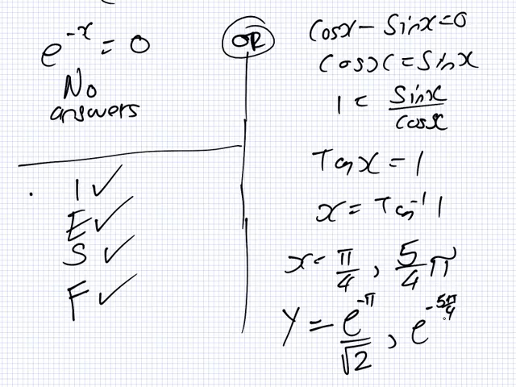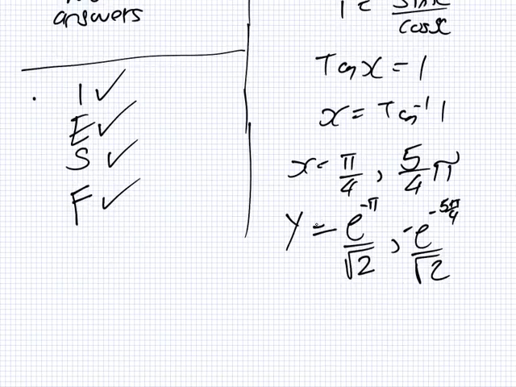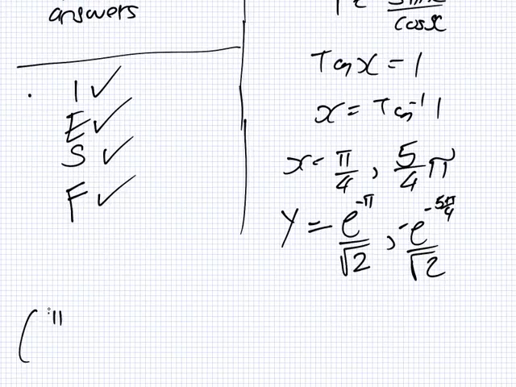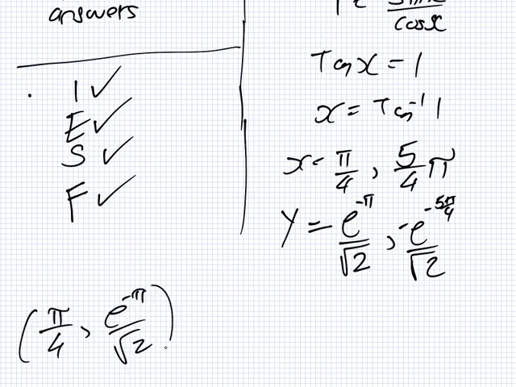It's the same thing except with a minus. So the answers are, now you can give it as a decimal or other forms, but for me I'll just give it as pi over 4, e^(-pi/4) over root 2 is the first answer, and 5 pi over 4, minus e^(-5pi/4) over root 2.